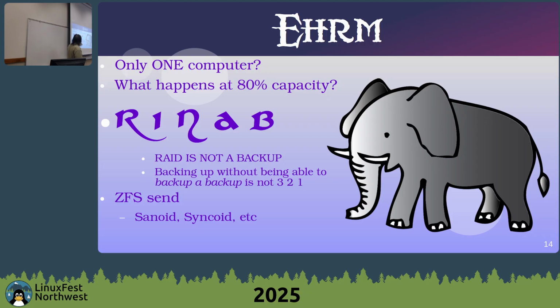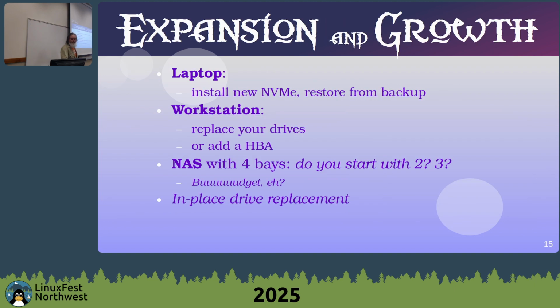And then if you start to fill up, there's a magic number here, 80%. But when it comes time to expand, the common ways are, if you have a laptop, chances are you only have one NVMe in there.